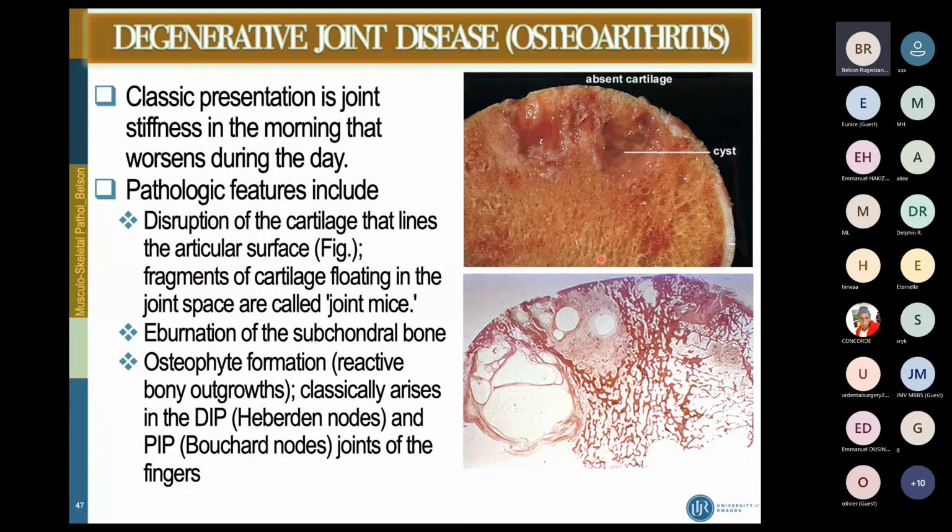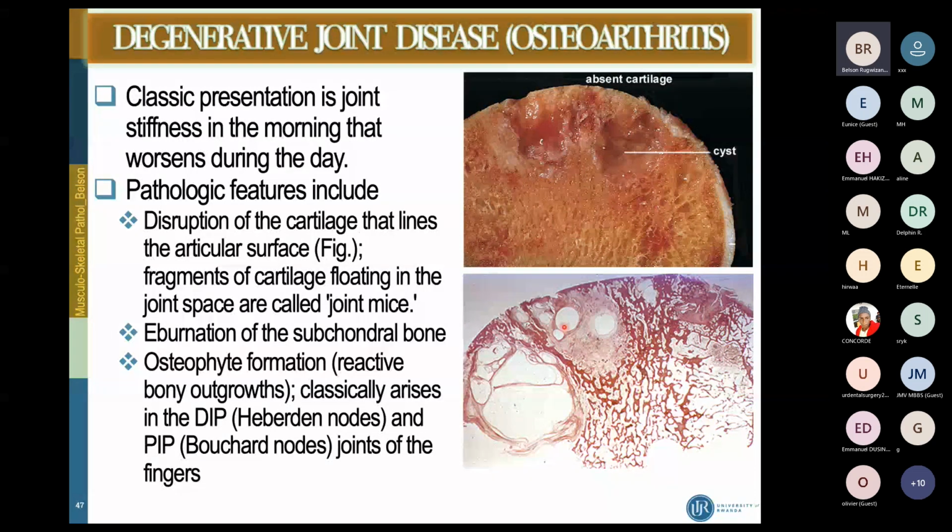So pathological features include disruption in the cartilage that lines the articular surface here. So you can see the surface here is irregular. It should be smooth, and just below where the cartilage should be, you have cysts, and this is reflected on histology here, where you have irregularity on the surface, and you have cystic spaces, which are filled with fluid or empty.